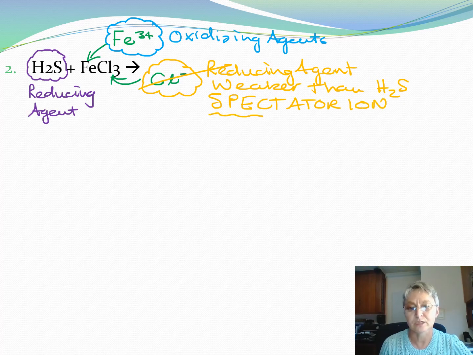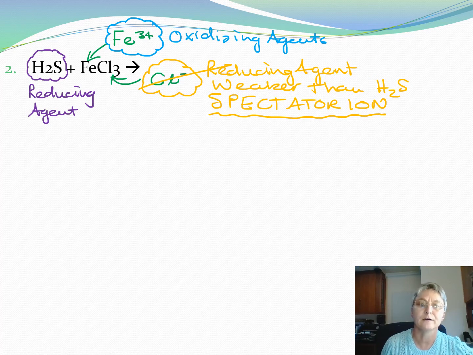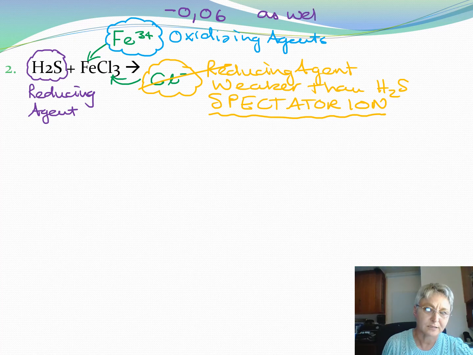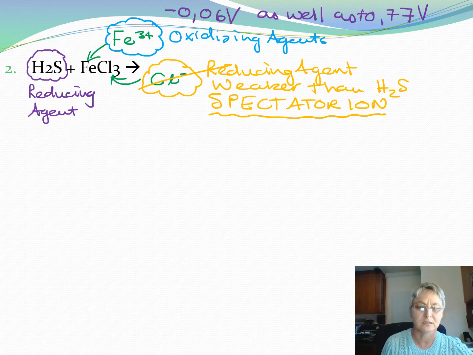Now we need to look at another matter, and that is that you have an Fe3+ ion at the number negative 0.06 as well as at the positive 0.77. Now those are voltages, but we'll discuss that in grade 12.